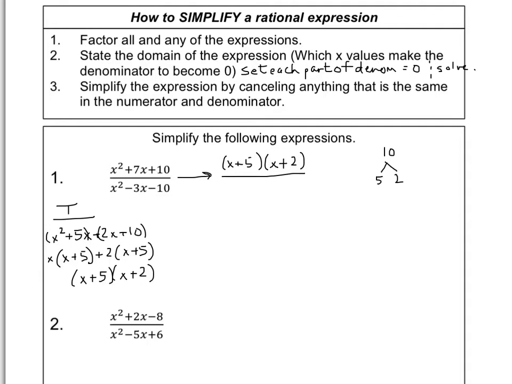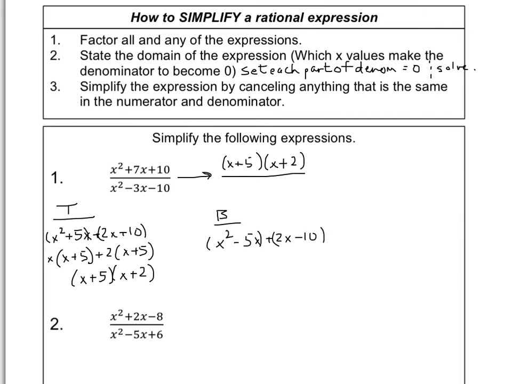In the denominator, I'm going to do the same thing. I'm finding factors of negative 10 that add to negative 3, and that's negative 5 and positive 2. So again, I break that down: x squared minus 5x plus 2x minus 10, with parentheses around the first two and last two.